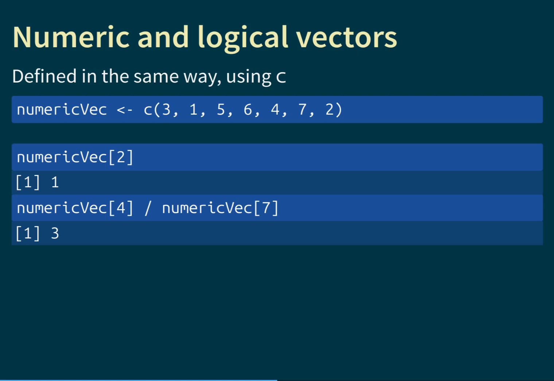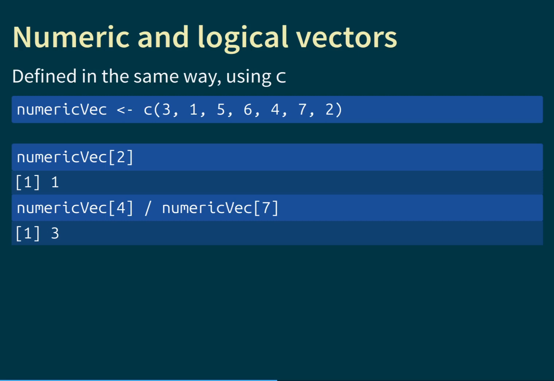And if we want to access the second entry of this vector, then we just write down numeric vec, and then in the square brackets, my bad, not the angle brackets, we write down the number 2, then that will extract the second entry of this vector, which as you can see at the top is actually 1, because the first entry was a 3 and the second entry was a 1, and the computer duly returns that result.